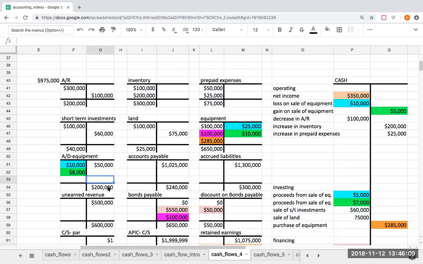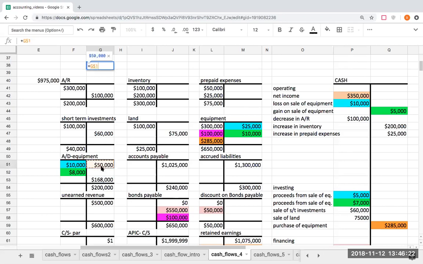And to get from 32,000 to 200,000, I'm going to need 168,000. And just to make sure I'm doing this correctly, 50,000 plus 168,000 is 218,000, minus 18,000 is 200,000.